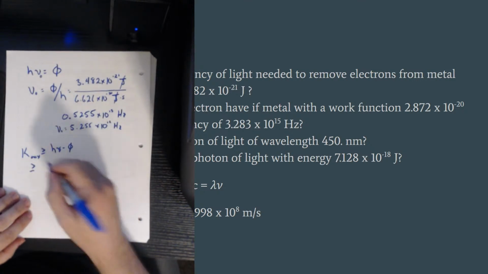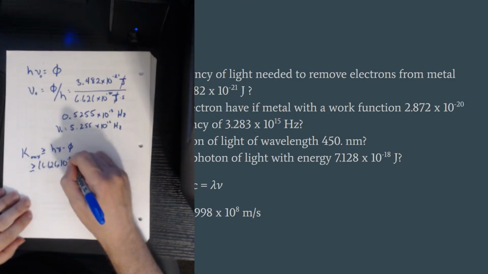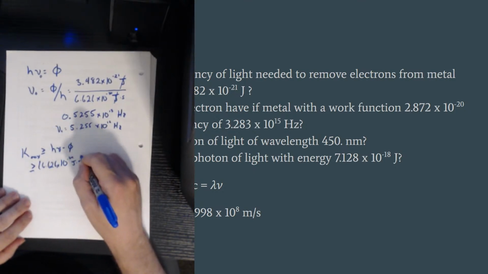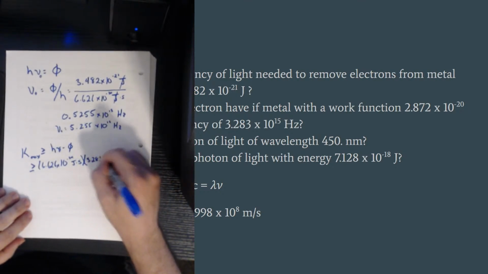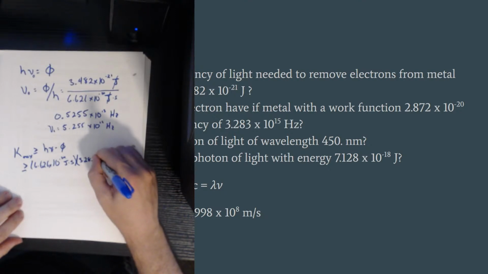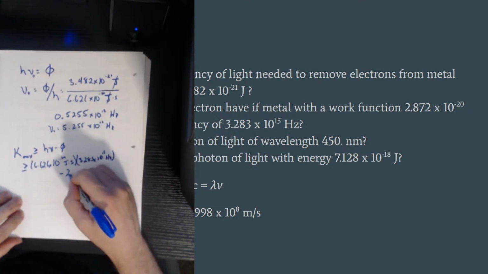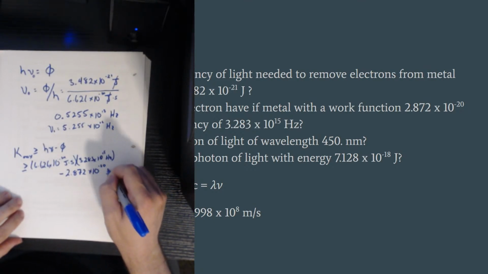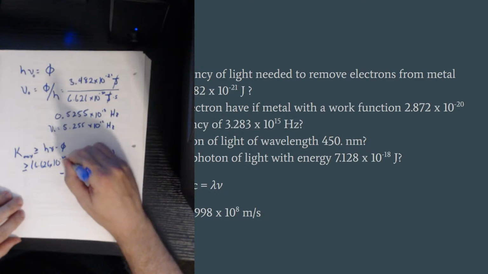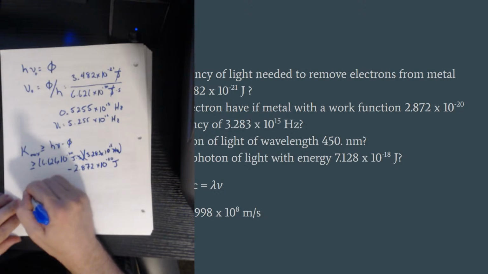So, greater than or equal to 6.626 times 10 to the negative 34th joule seconds times 3.283 times 10 to the 15th hertz minus 2.872 times 10 to the negative 20 joules. Okay. Seconds times hertz will cancel out, so that first number will just leave us with joules.